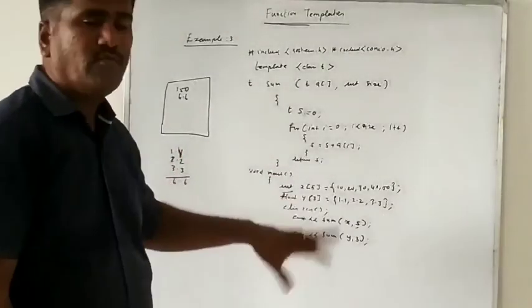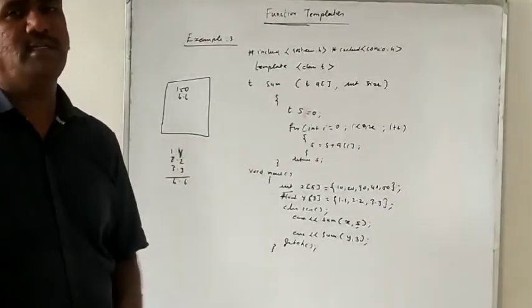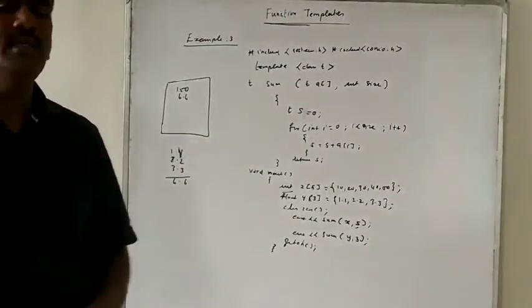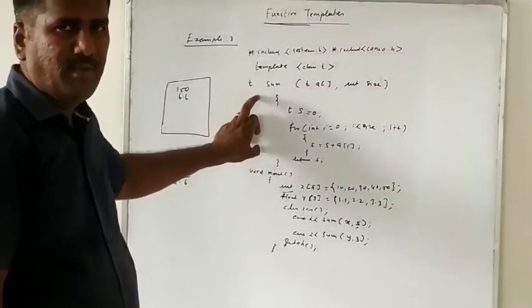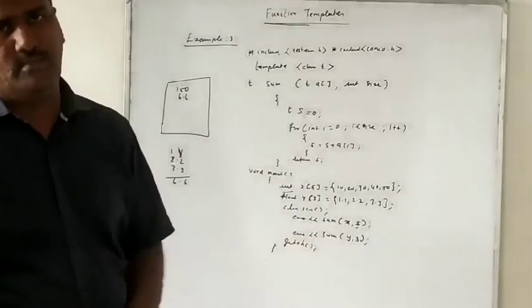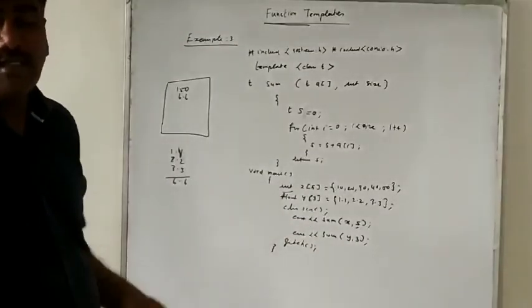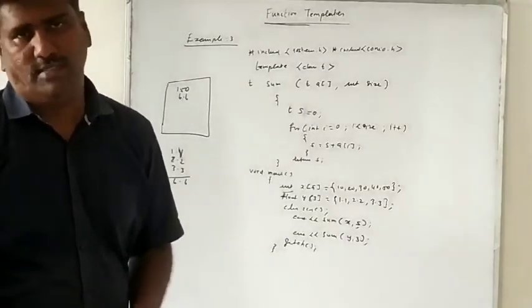If you pass a float, it acts as a float function template. So only one template function definition is used for both cases. This is the advantage of a template function as a generic function.